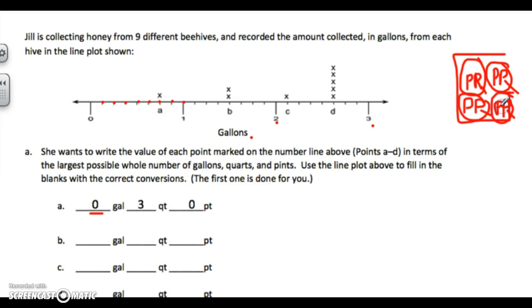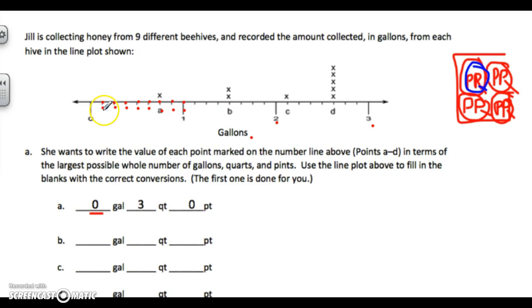Because there are 8 pints within this gallon, this would have to be 1 pint, 2 pints, 3 pints, 4 pints, 5 pints, 6 pints, 7 pints, 8 pints. You might be like, hey, Mrs. Z, it says that there's 0 points, and you said this was 6. That's true. But I'm going to switch to a different color now, and I'm going to show you that every 2 pints is a quart.